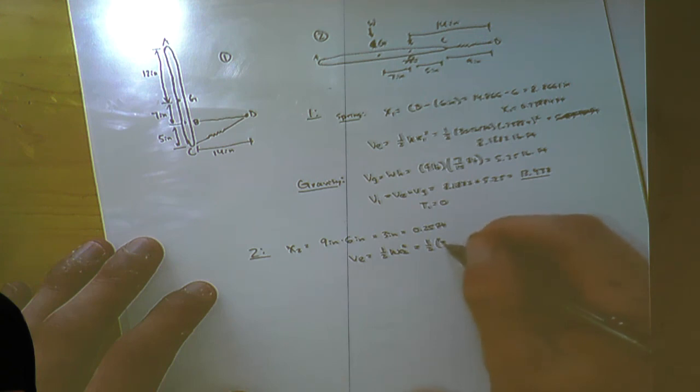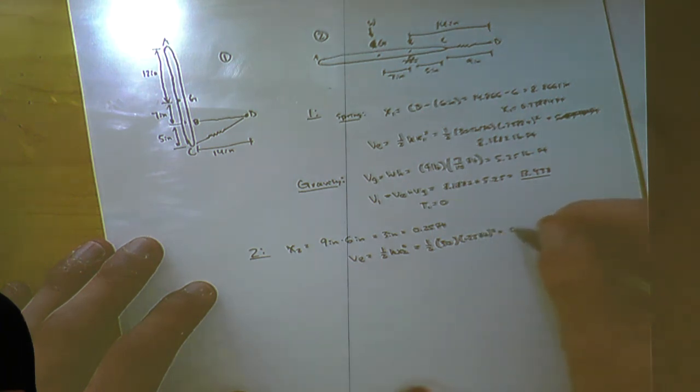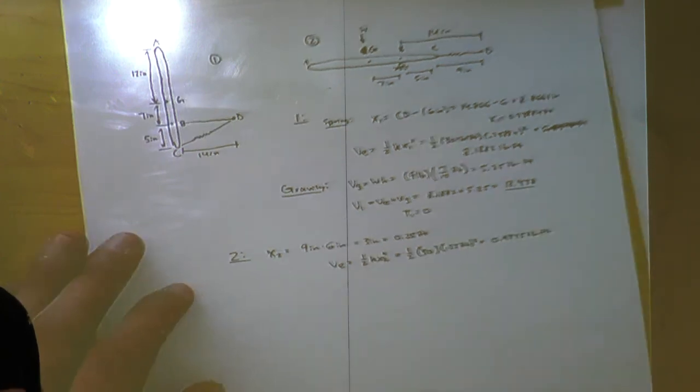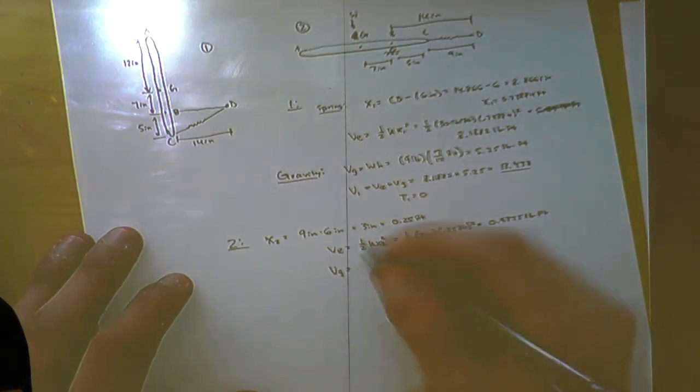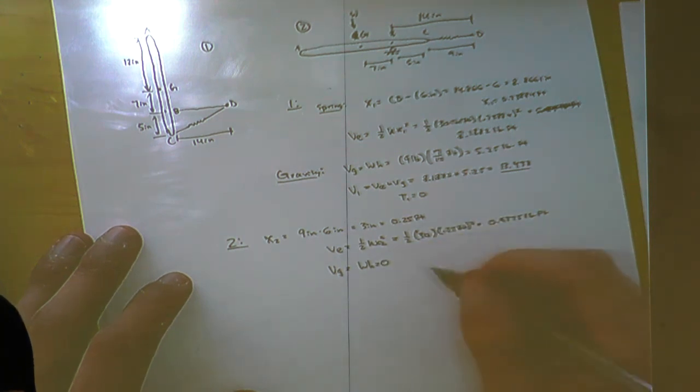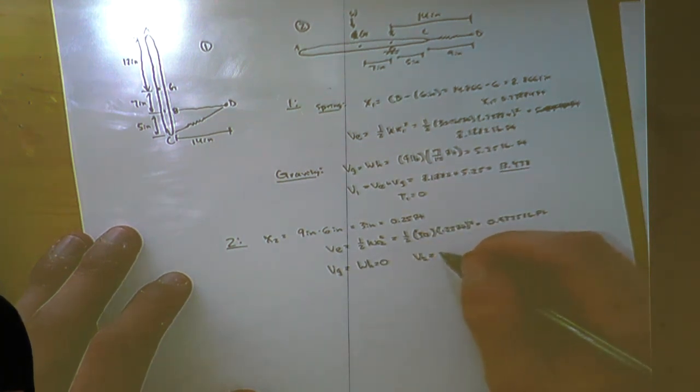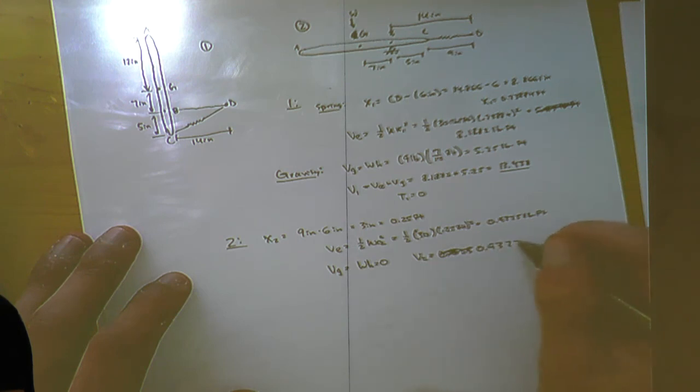So 1/2 times 30 pounds per foot times 0.25 feet squared gives us 0.9375 pound-feet. And for gravity, we have Wh is 0 since h is 0. So our V2 is equal to 0.9375 pound-feet.